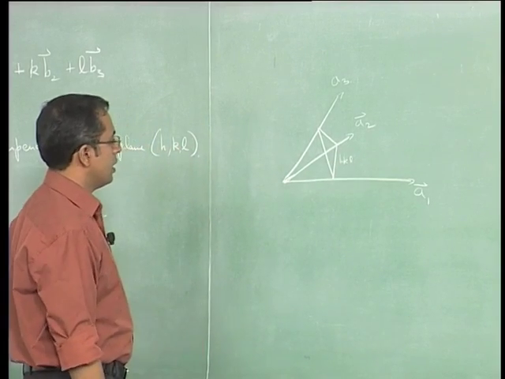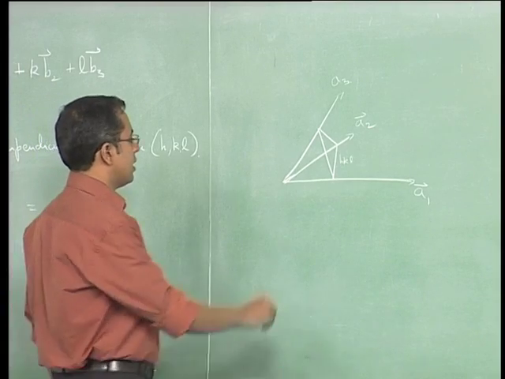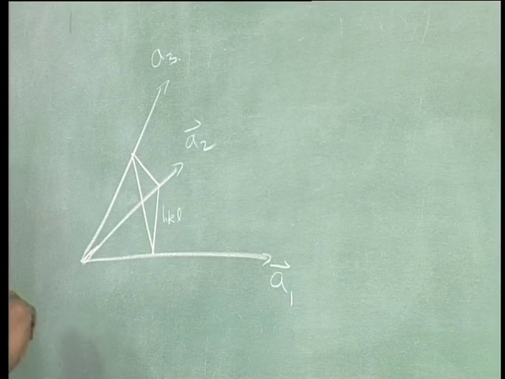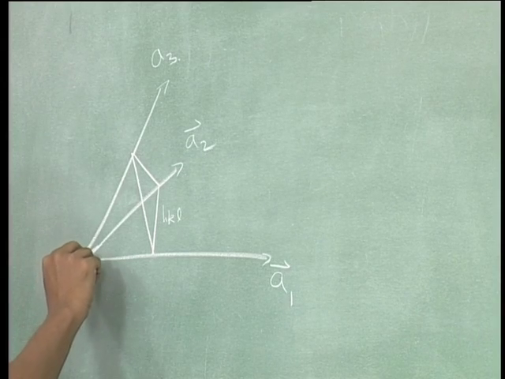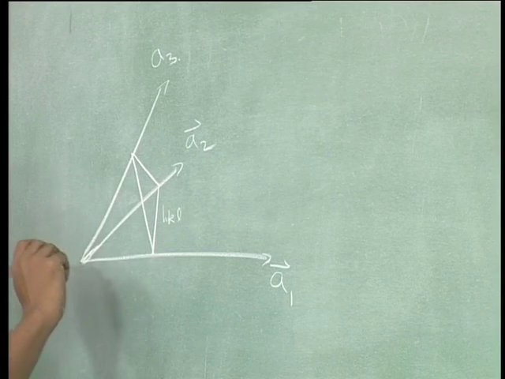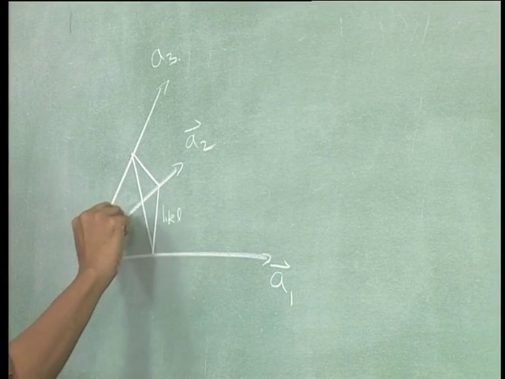Fine. So now we will just say that in reciprocal space we have the vector hkl. At this moment I am just arbitrarily denoting it here.